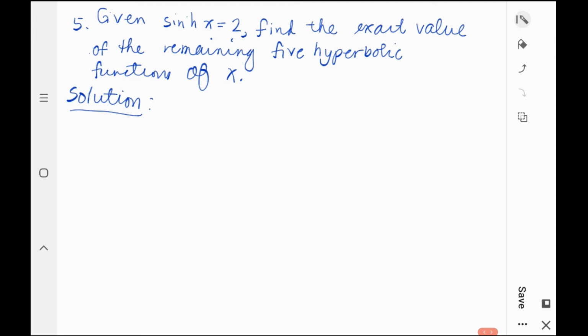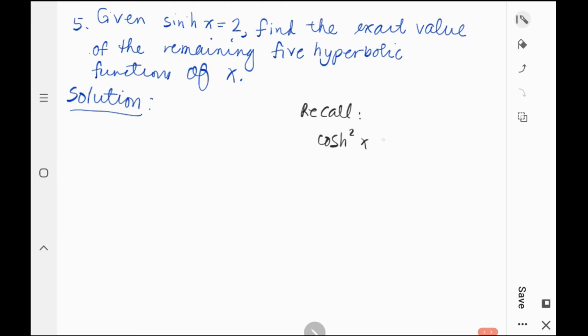Given the value of hyperbolic sine of x, which is 2, find the exact value of the remaining 5 hyperbolic functions of x. Okay, so let's recall the following fundamental identity.